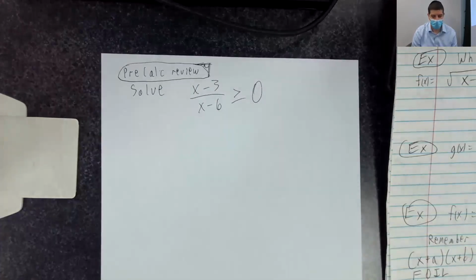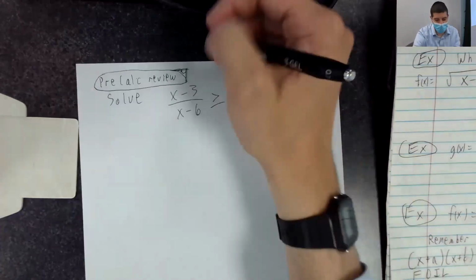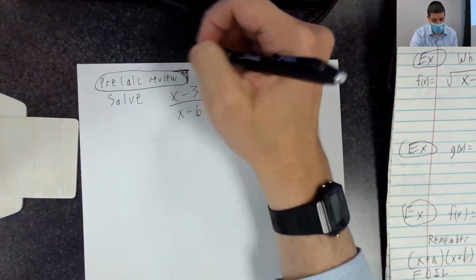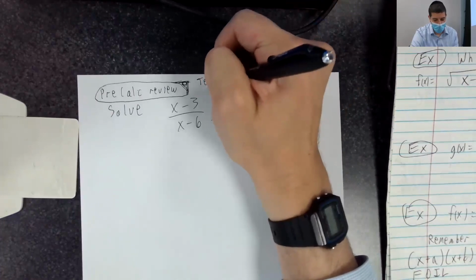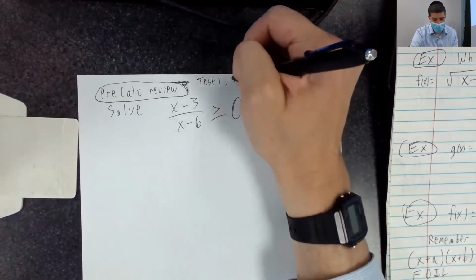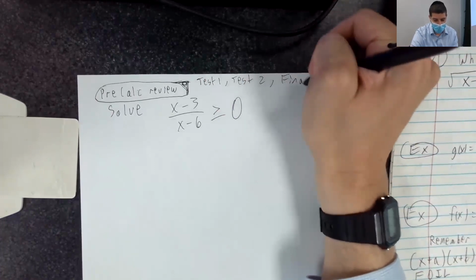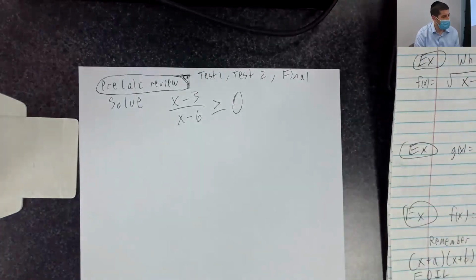Okay. Right. Now I'm going to emphasize that this type of problem, you're going to need it on test 1. You're going to need it on test 2. And you're going to need it on the final. Meaning every single exam that you have in this course, you have to know how to solve this type of problem from pre-calc.